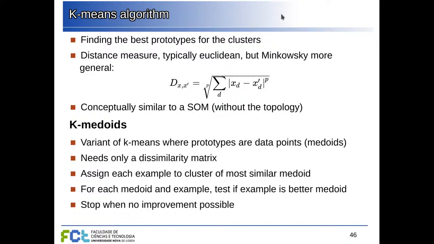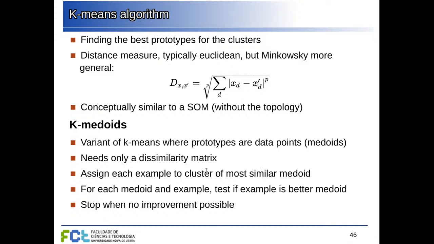There is no good way of finding the mean point between text documents. So one variant of k-means is called k-medoids, where the prototypes are always specific data points. These are called the medoids. They are not the means of the clusters, but they are examples that are as close as possible to some center of the cluster.